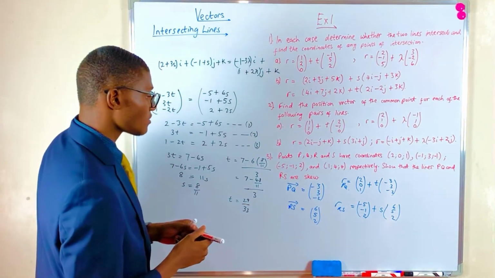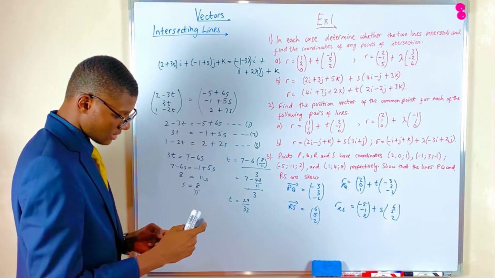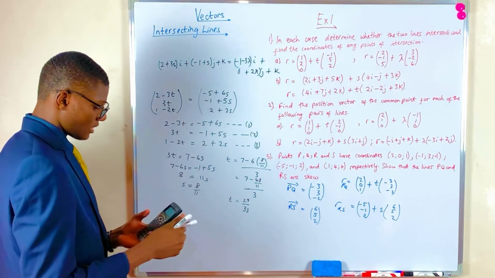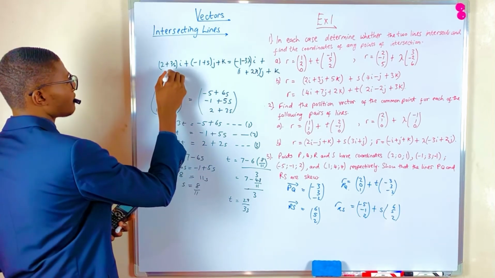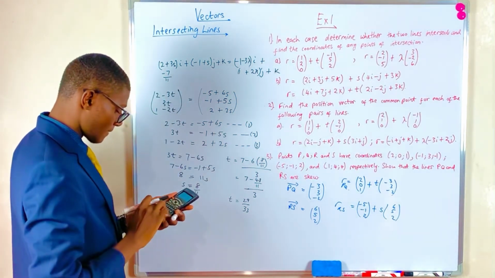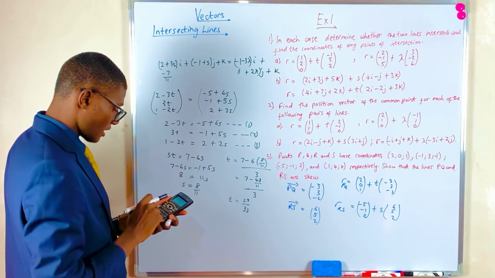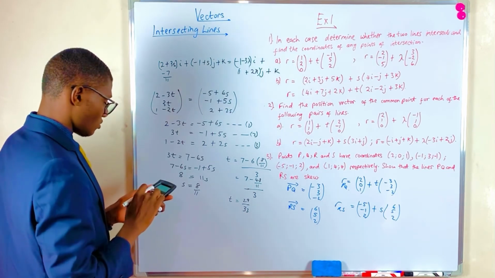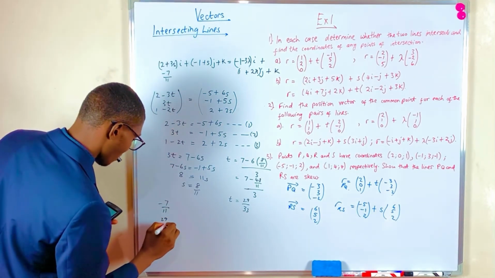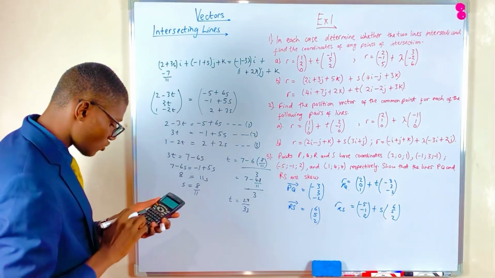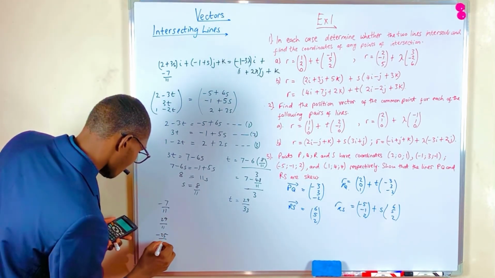Right, such that if we now substitute for t and for s, for t first, we're saying 2 minus 3 times 29/33, we get -7/11, and then 3t, 3 times 29/33, we get 29/11, and 1 minus 2 times 29/33, we get -25/33.